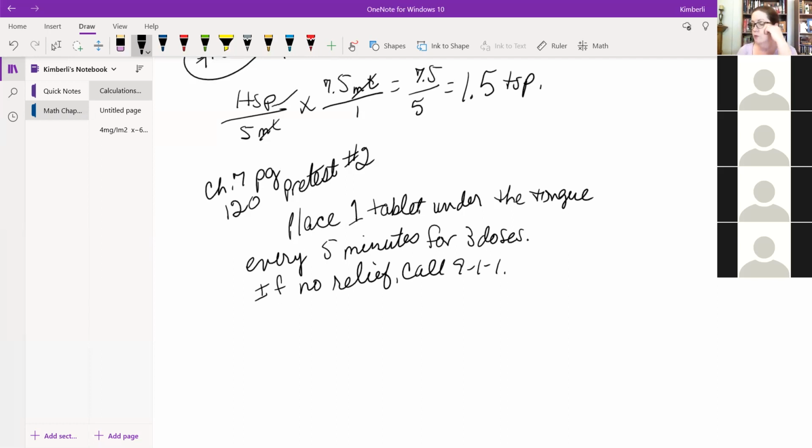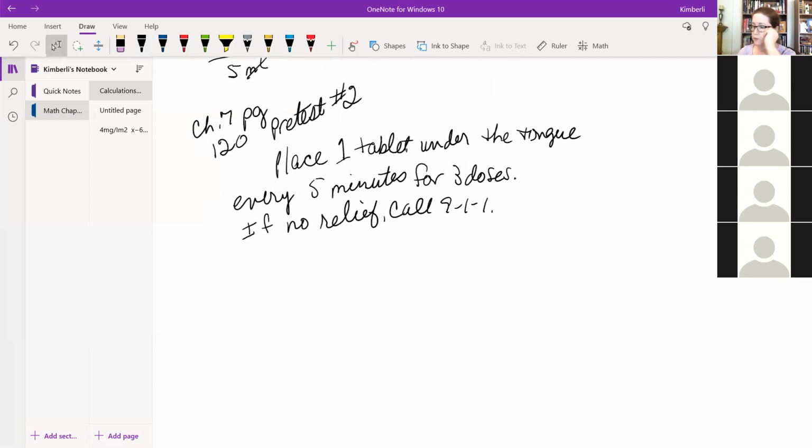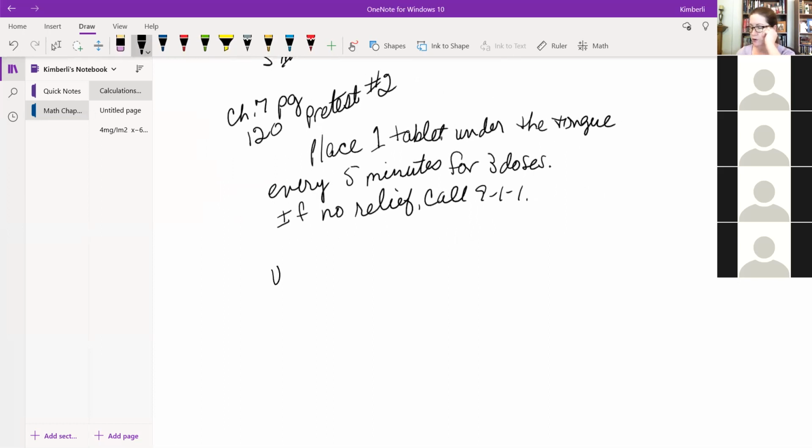Okay, so when we are typing directions for a prescription, we always want to have a verb. We always want to have the number or quantity of whatever we put in that bottle. So it could be a teaspoon of liquid, or it could be 1 tablet or 3 tablets, or it could be 1 suppository. Then we want a route. Even if they don't give the route, but we know it's a tablet and they're going to be taking it by mouth, then we're going to put by mouth. So it could be sublingual, it could be PO, it could be IV.